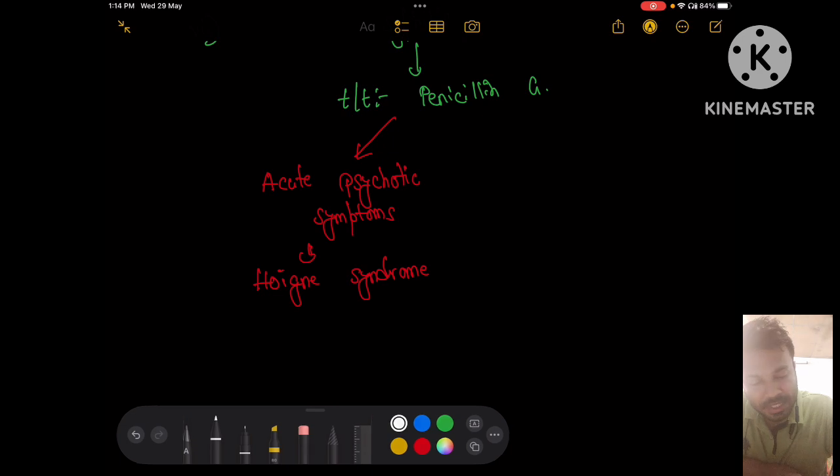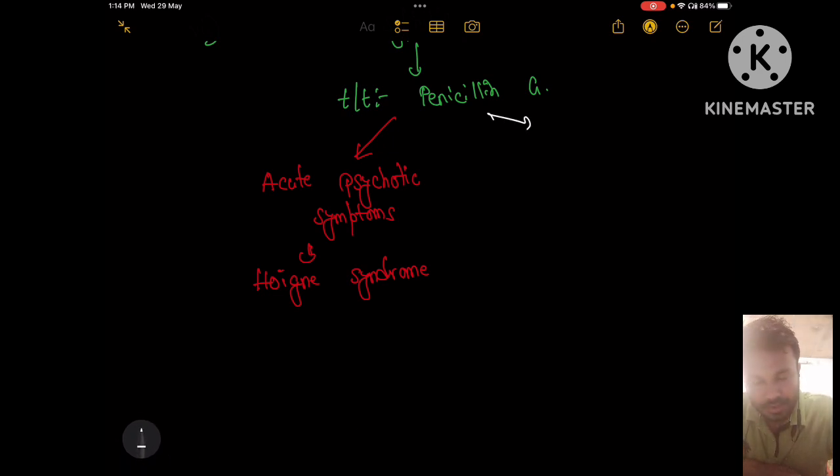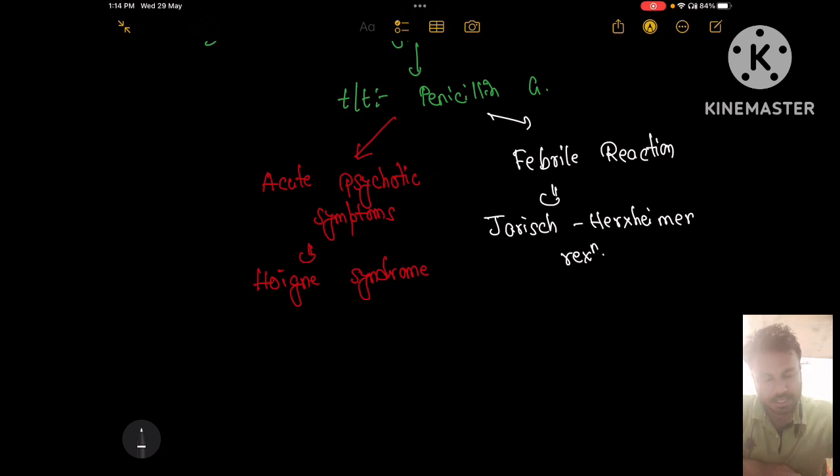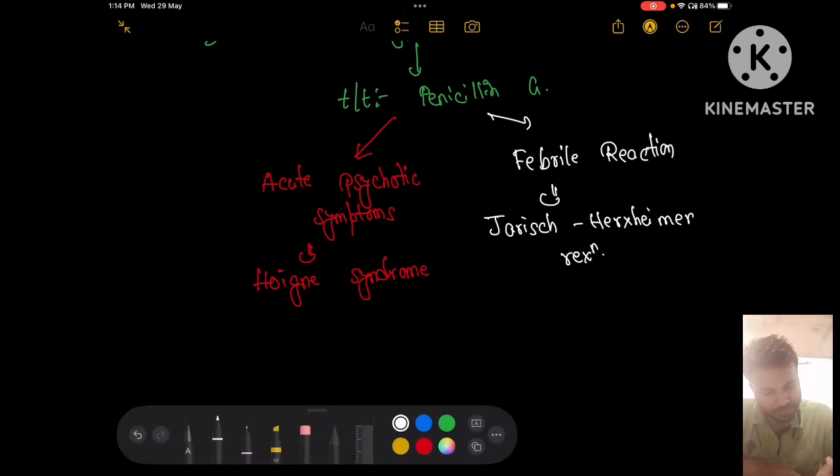Or the patient can present with a febrile reaction. This is the Jarisch-Herxheimer reaction. How can you remember it?